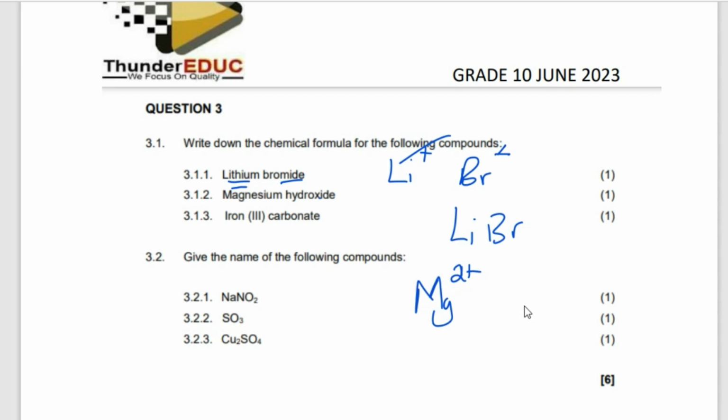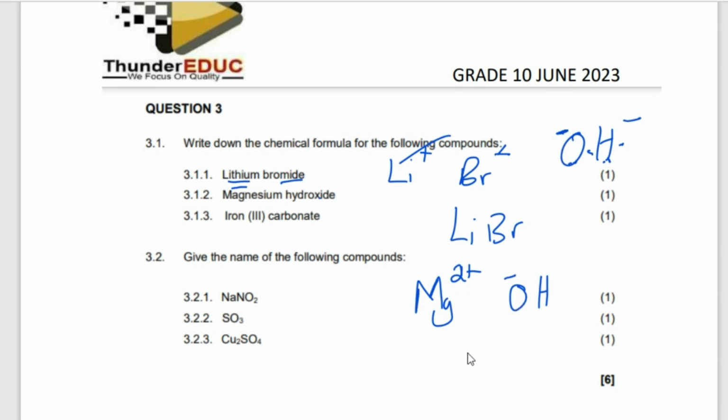And then hydroxide is a radical. You're supposed to know them. It's negatively charged. Guys, the negative is not on hydrogen. The negative is on oxygen, because hydrogen only has 1 electron, so it has already bonded with oxygen. Oxygen is supposed to have 2 bonds, but the second bond is missing, that's why the negative is there.